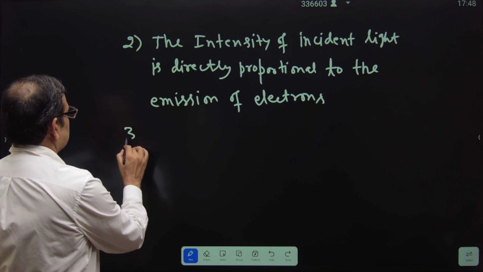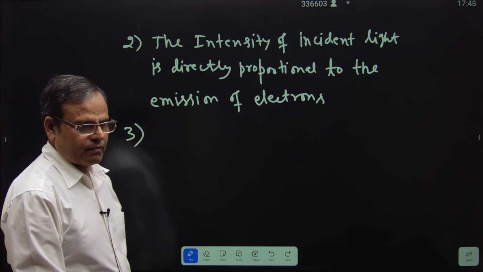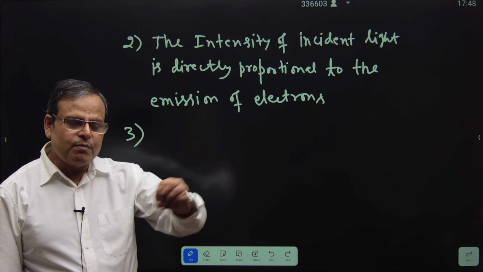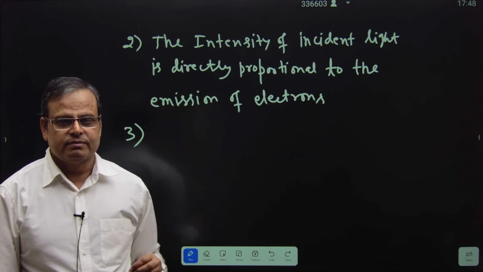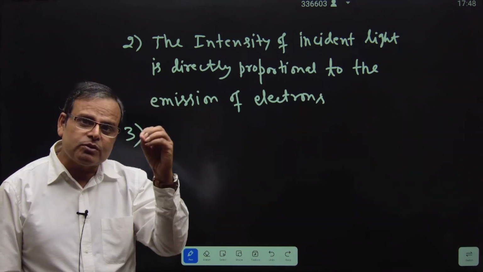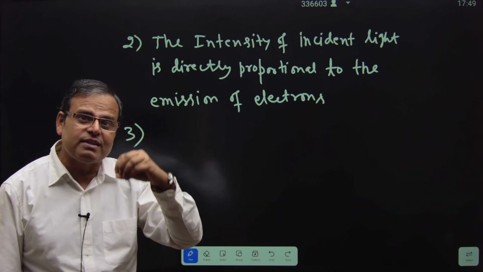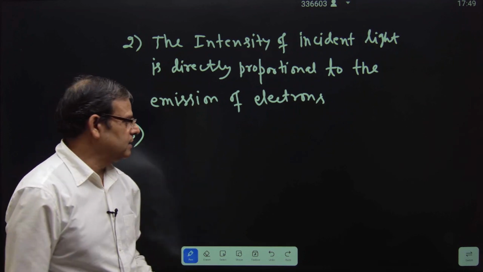Now the third one: the maximum kinetic energy of emitted electrons is directly proportional to the frequency of incident radiation or incident light.